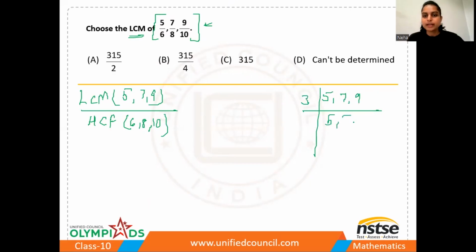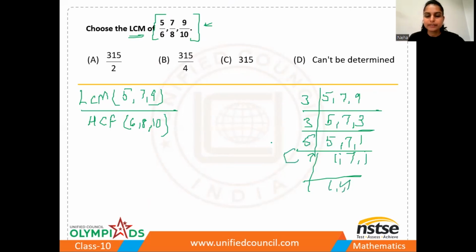So 5, 7 and 3. Again 3: this is 5, this is 7 and this is 1. Again 5: this is 1, this is 7 and this is 1. Again 7, all are 1. Perfect. So 5 times 7 is 35. 35 multiplied by 9 is 315. Alright, so the LCM is 315.